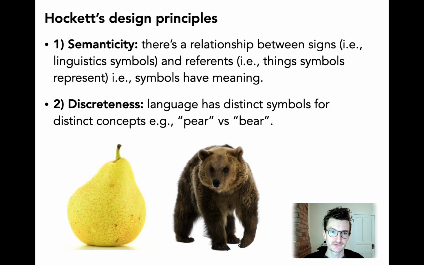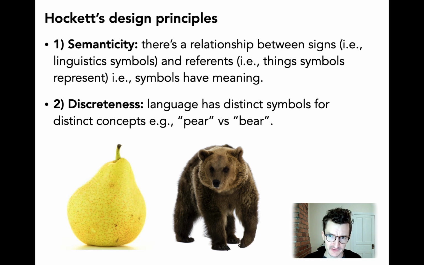So the first is semanticity. There's a relationship between the signs that we use, so linguistic symbols, could be gestures, could be words written on a page or produced spoken words, and the things that they refer to. So language symbols have meaning.